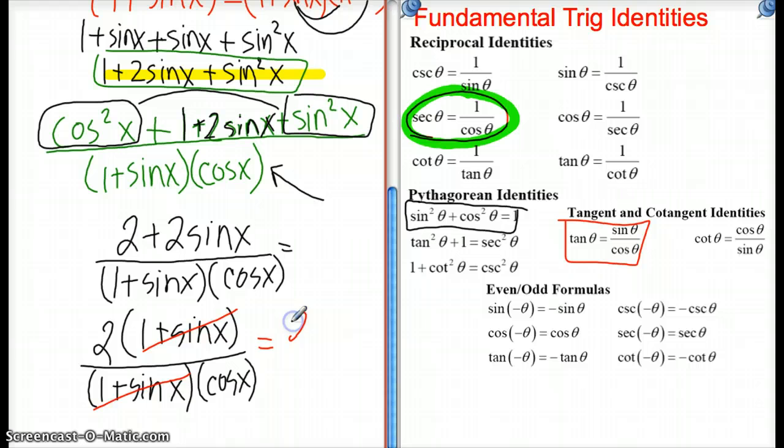I'm left with 2 over cosine of x, which we know by a simple reciprocal identity, that 1 over cosine is equal to secant of x, so 2 over cosine is equal to 2 secant of x. I have arrived at my endpoint because I have accomplished my goal of getting the expression to equal 2 secant of x.